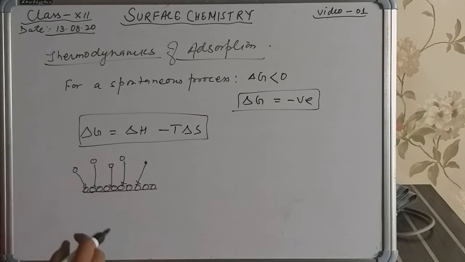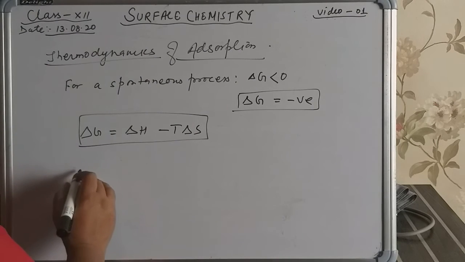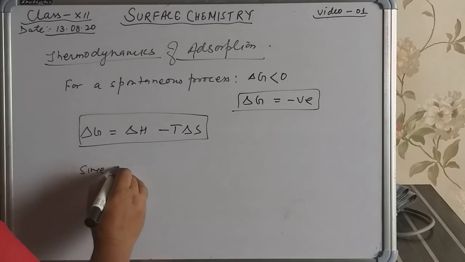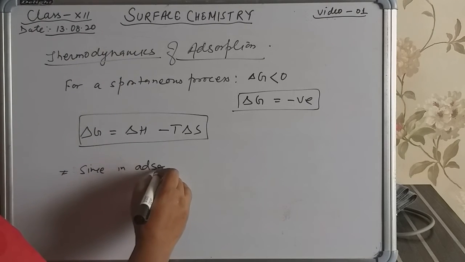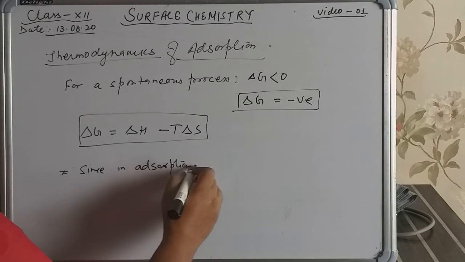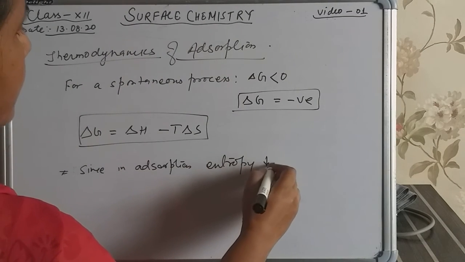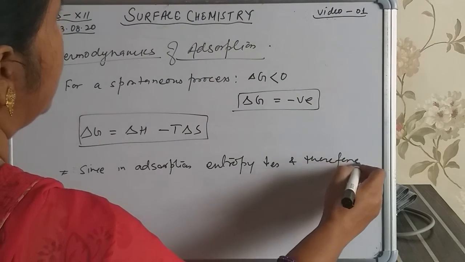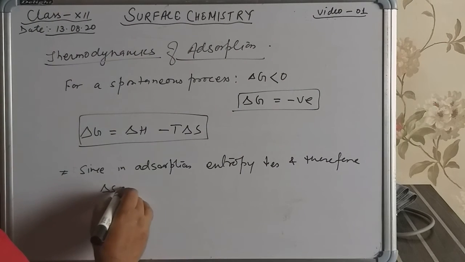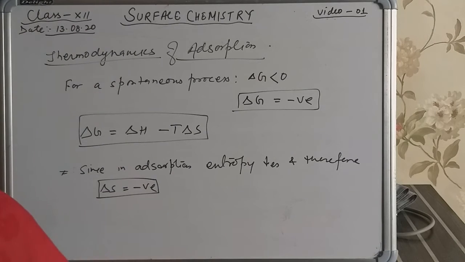So we can say that in the adsorption process, entropy decreases, and therefore the change in entropy becomes negative, because as the gas molecules are attracted to the surface, their randomness decreases.